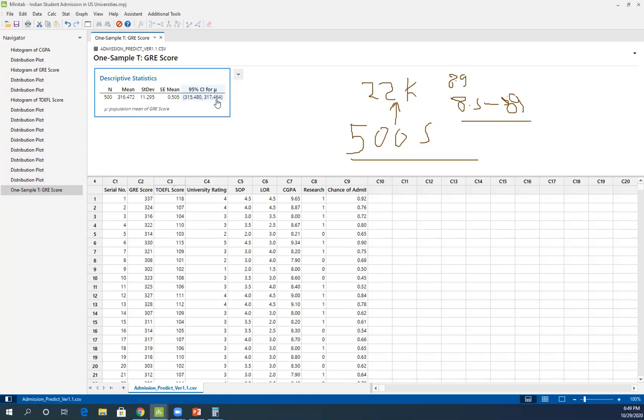I'm 95% confident. That means I still have 5% risk, because maybe I have collected a sample which does not represent the true population.